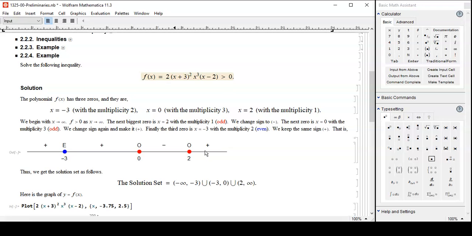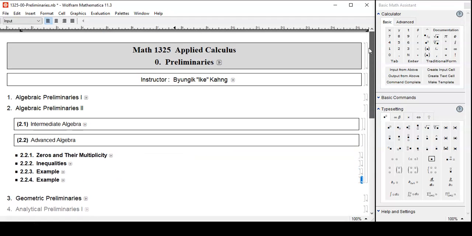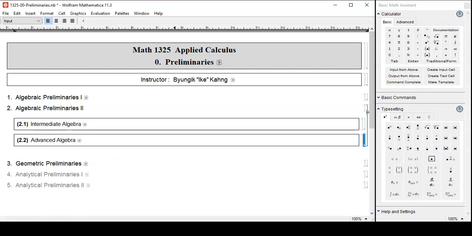And then, each time you cross an odd multiplicity, sign change. Crossing even multiplicity, same sign. Repeat, and then in the end, you take either plus intervals or minus intervals. This time, I want this thing to be greater than 0, so I'm taking positive intervals. That's the way we do it in inequalities.